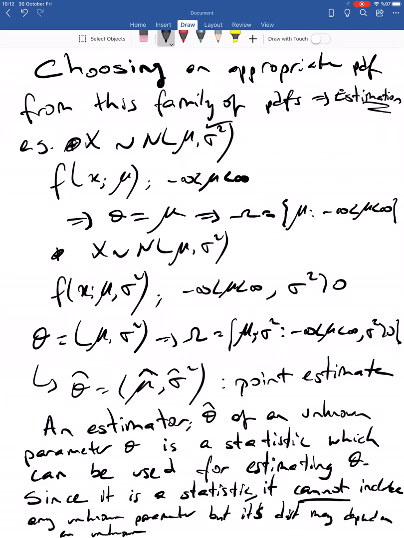Like the sample mean: in the sample mean x bar we don't have any unknown parameter, but in its distribution we have mu and sigma square over n, right? Unknown parameters.